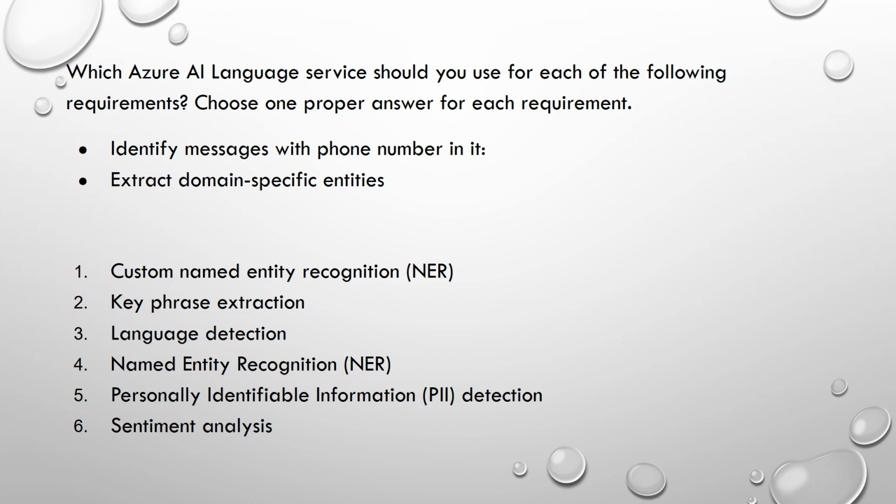So we have to extract specific entities from the text. Those are the two needs. Now to the options. Custom named entity recognition, key phrase extraction, language detection, named entity recognition, personal identifiable information detection, and sentiment analysis. Now let us get into the documentation.